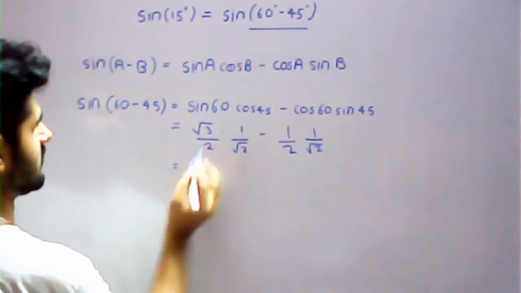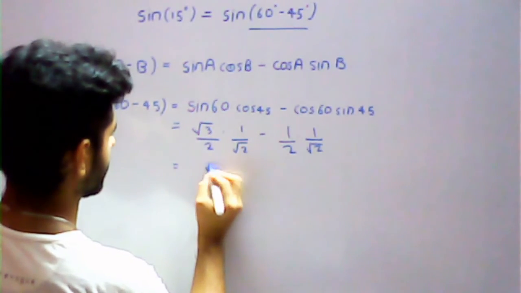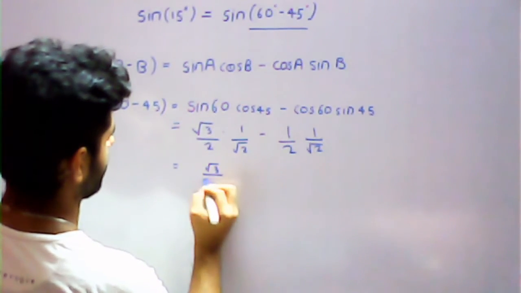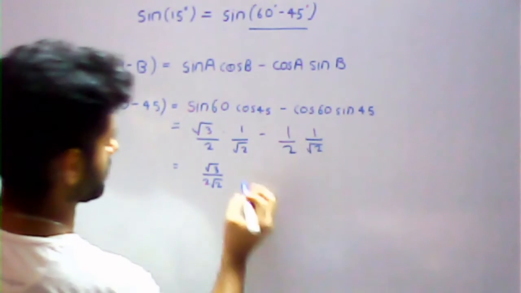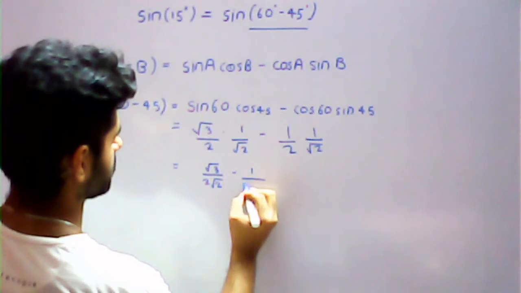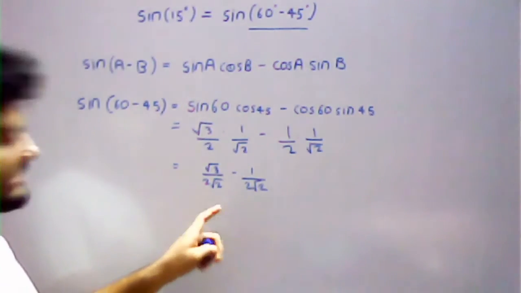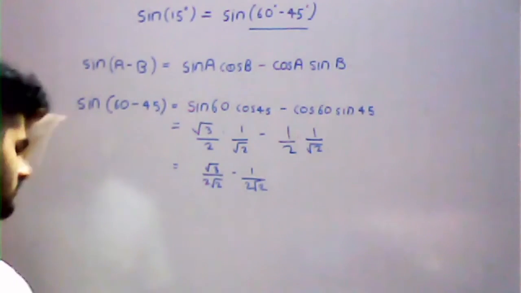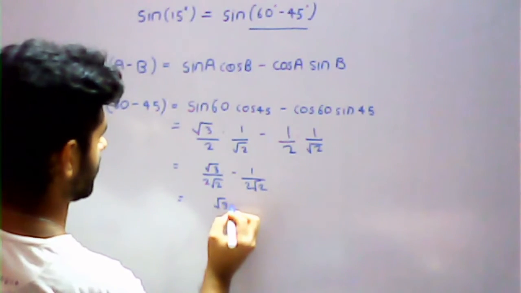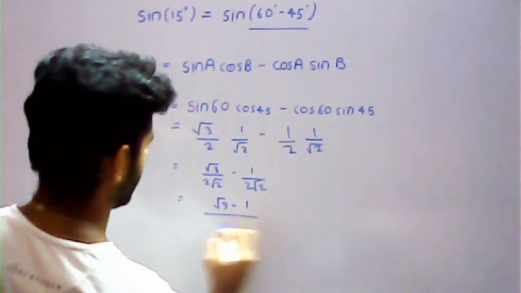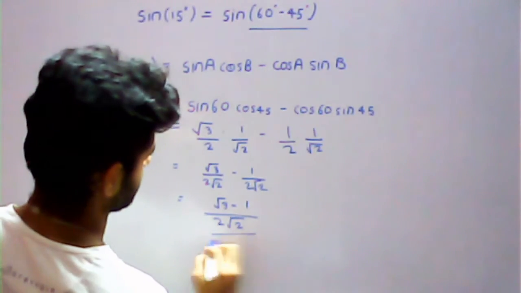So, multiplying it directly, root 3 upon 2 root 2 minus 1 upon 2 root 2. As the denominators are same, we will directly subtract. So, root 3 minus 1 upon 2 root 2 is the final answer.